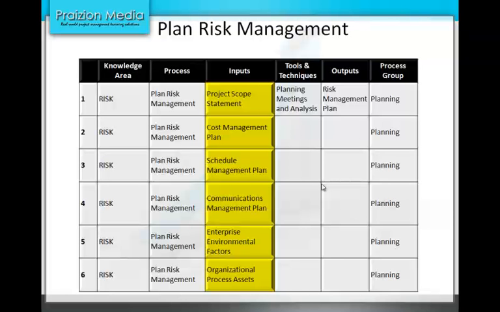Okay? So we've talked about the triple constraint, time, cost, and scope, even though it's the schedule management plan, cost management plan, and project scope statement. I like to think of those as the triple constraint. And then I throw in communications. Your communications management plan defines the different interactions on the project and what else.